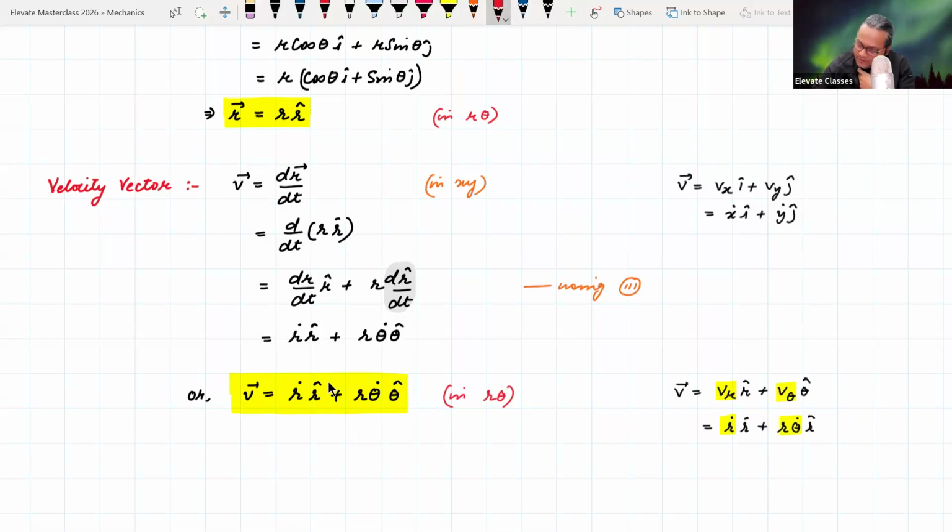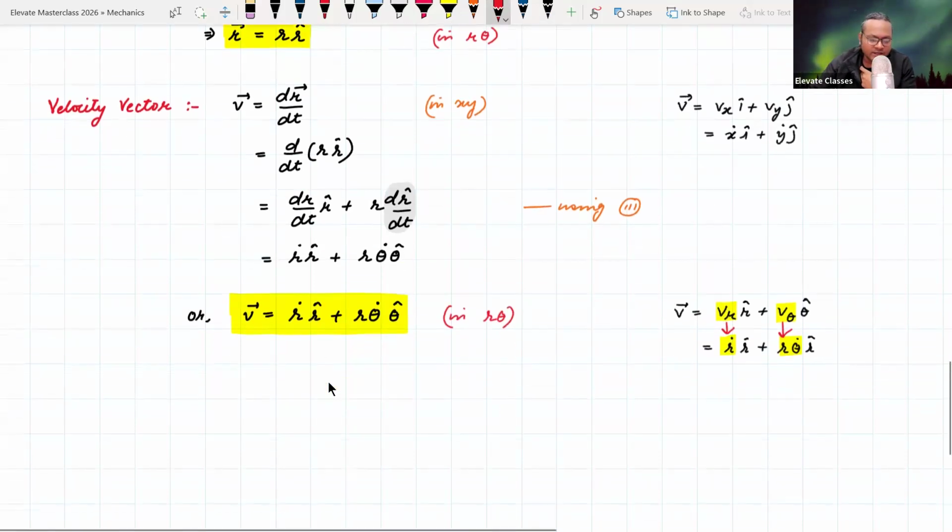vr means the velocity component along the radial direction and v theta means the velocity component along the angular direction.